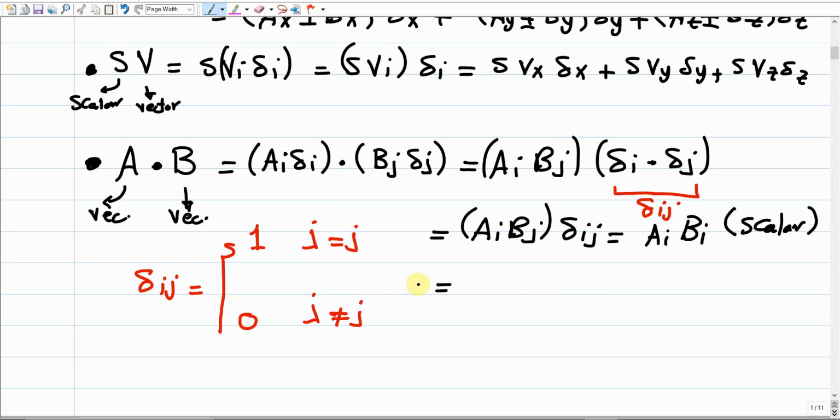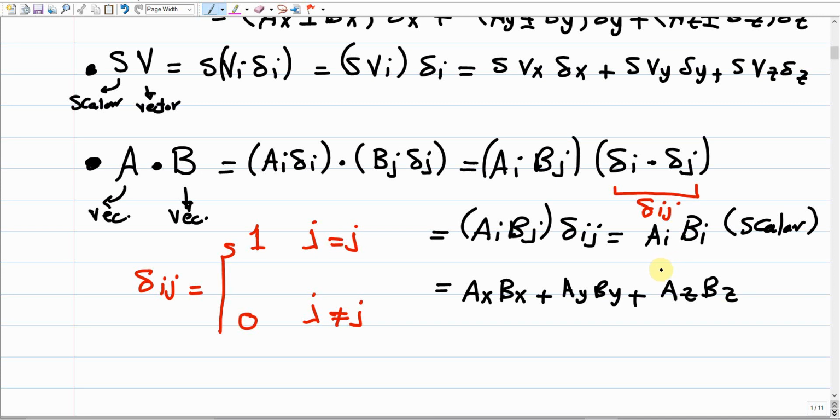The expanded form: if we consider I as X, it's AXBX. If I is Y, it's AYBY, plus AZBZ. Why are we considering X plus Y plus Z? Because this I is a dummy index in this case. What does a dummy index mean? As we discussed, a dummy index is a repeated index.